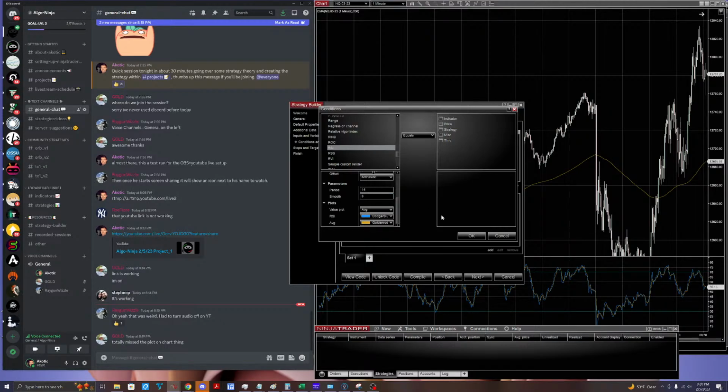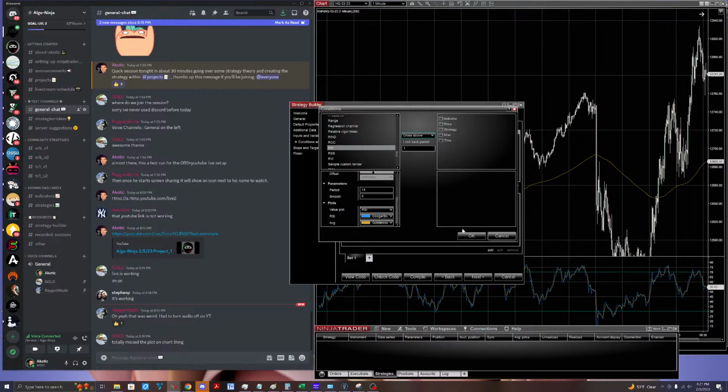So it's a 3-period moving average of the RSI. That's just designed to filter out some of the noise. So it's just to smooth the RSI essentially. But the condition is whenever the RSI crosses above the 80 line, not whenever the average of the RSI does. So we choose the RSI for the value plot, and then crosses above.